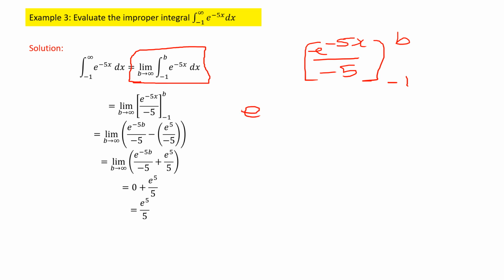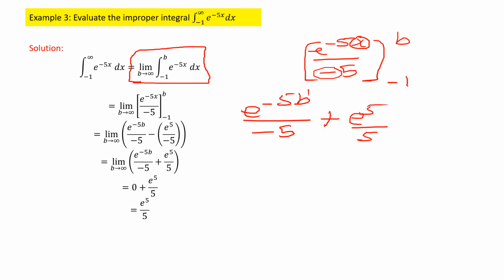If I apply the upper limit, this will be e to the power minus 5b divided by 5, with a minus sign. Then this minus will become plus, because before substituting the lower limit we need to apply a minus. Then I have to substitute x equal to minus 1, so this minus and this minus will become 1. So we have e to the power 5 divided by 5.